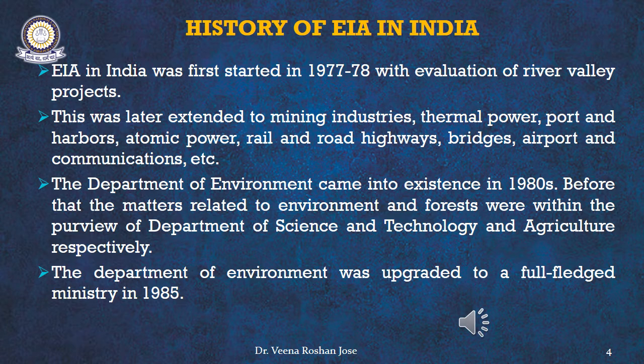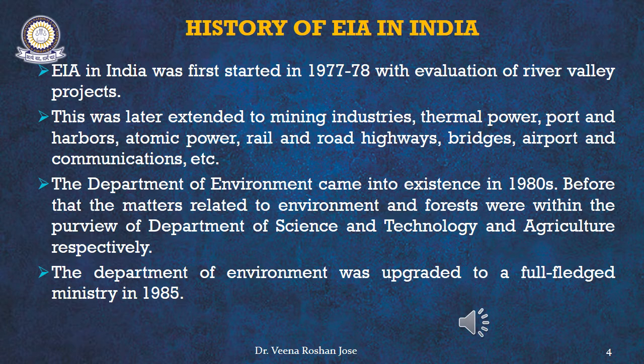and communications, etc. So whatever the project is, if it is likely to have an adverse impact on the environment, the EIA process was initiated. And the Department of Environment came into existence in the 1980s. Before that, the matters related to environment and forest were within the purview of the Department of Science and Technology and Agriculture respectively.